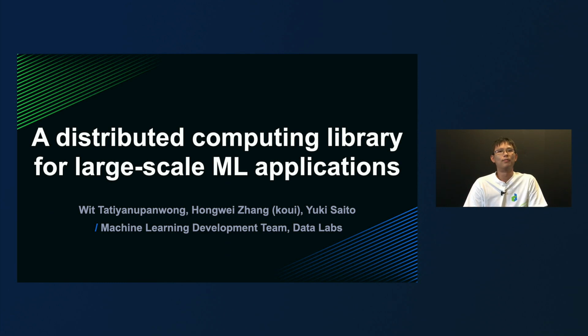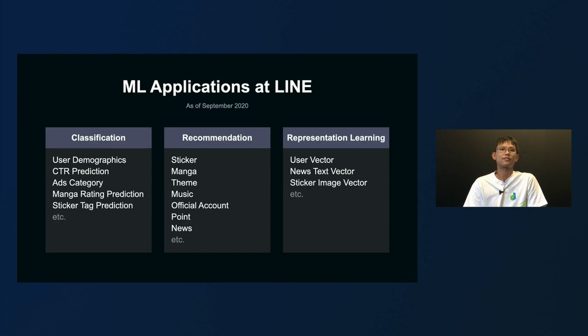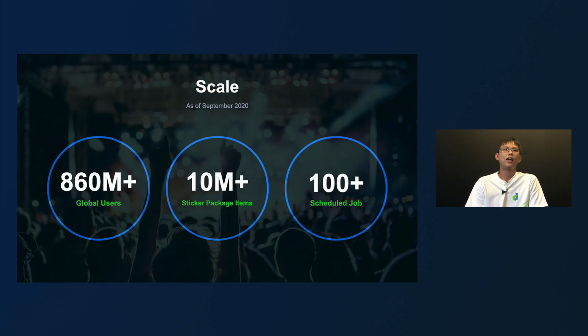I would like to introduce some of our large-scale machine learning projects. There are 3 machine learning applications in line: classification, recommendation, and representation learning. I will not go into details on each one, but all of them utilize large-scale machine learning.